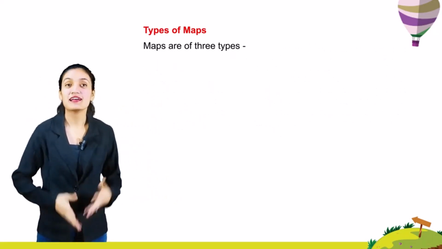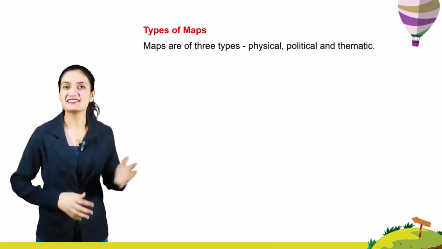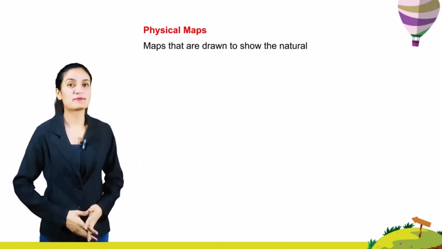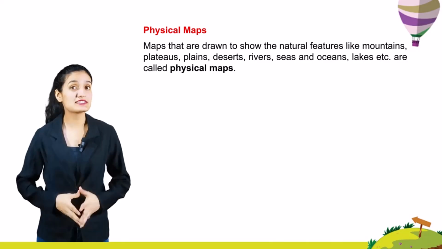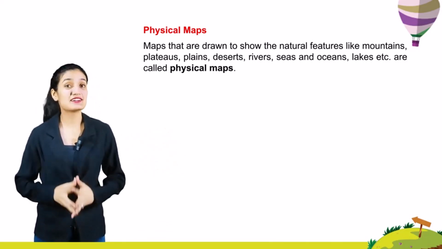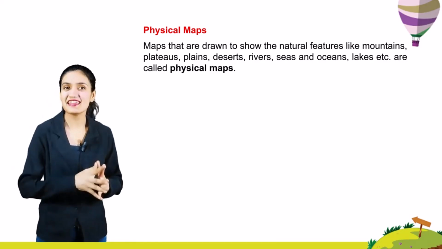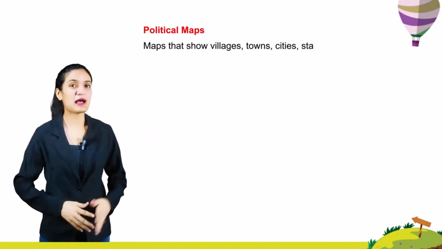Types of maps. Maps are of three types: physical, political, and thematic. Physical map. Maps that are drawn to show the natural features like mountains, plateaus, plains, deserts, rivers, seas and oceans, lakes, etc. are called physical maps. Political maps.